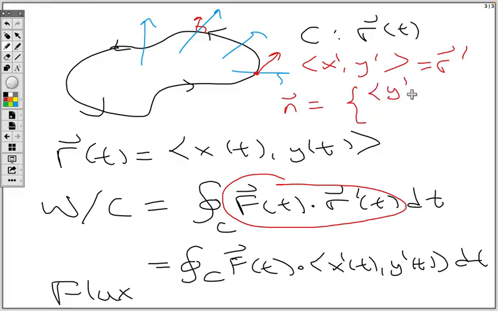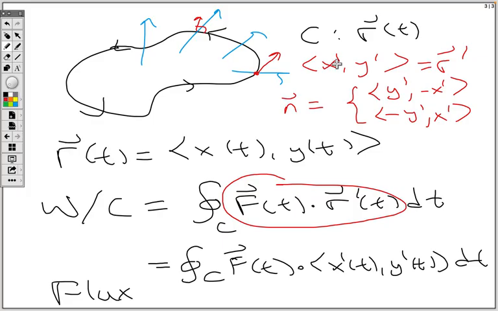So you have like a y prime, minus x prime, or a minus y prime, x prime. And depending on the orientation of your curve, like if you're traversing the curve counterclockwise, which is typically the default for reasons we'll talk about next week, then you can select which one of these normal vectors you're after, whether you want the flux out of the region or the flux into the region.